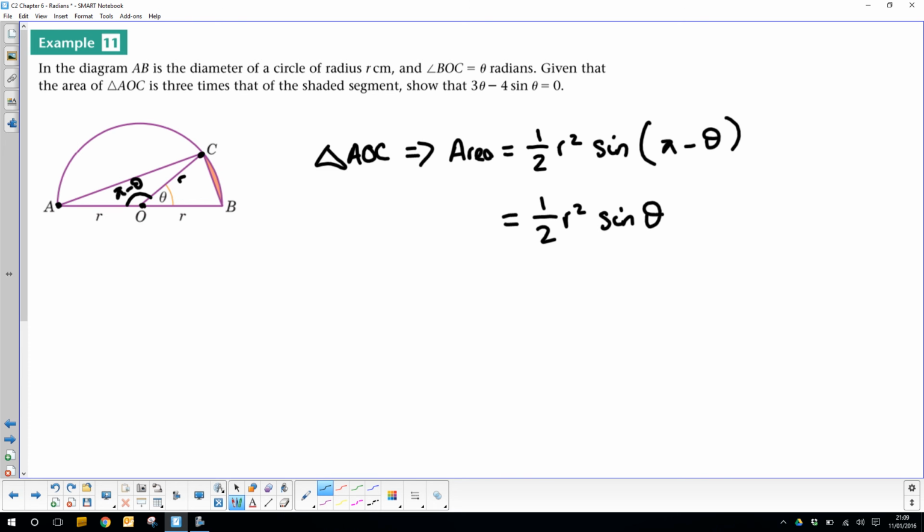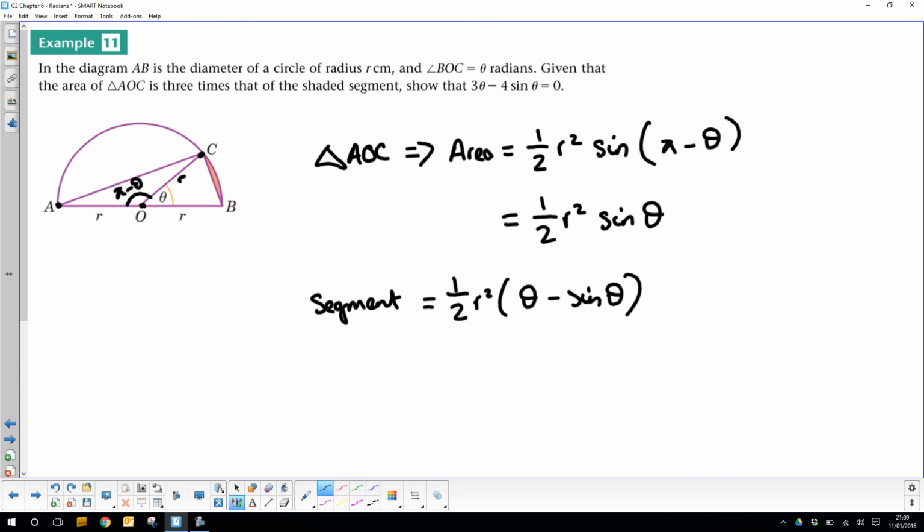Now, we also can work out the area of the segment. And the area of the segment, we can just use our formula, will be a half r squared, brackets, theta minus sine theta. We've just looked at that. So what do we now have? Well, the information we're given is that triangle AOC is 3 times that of the shaded segment.